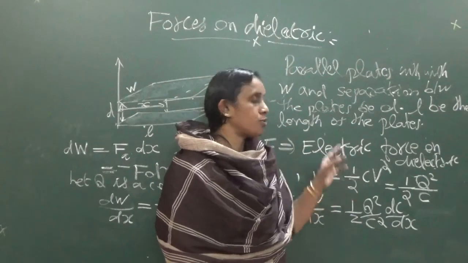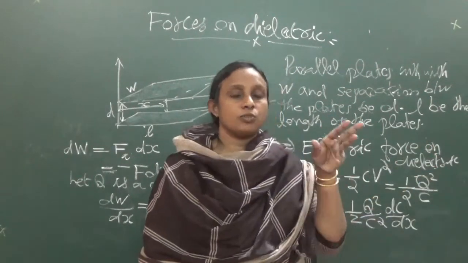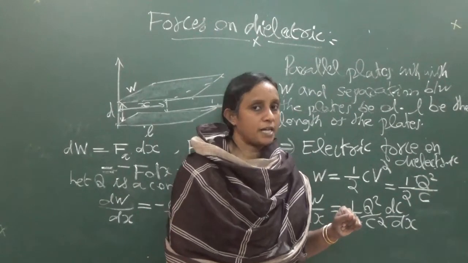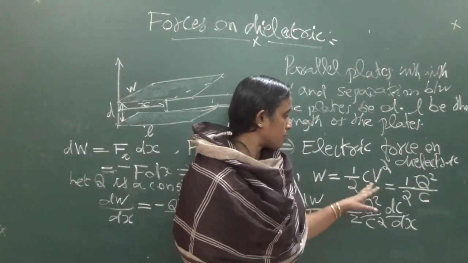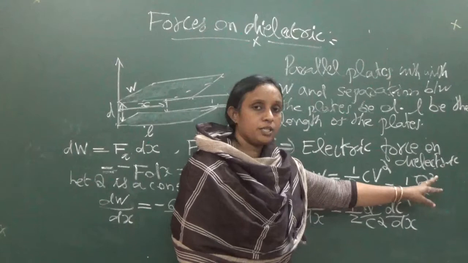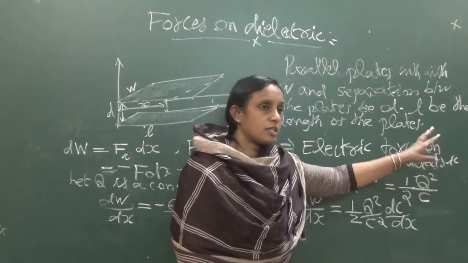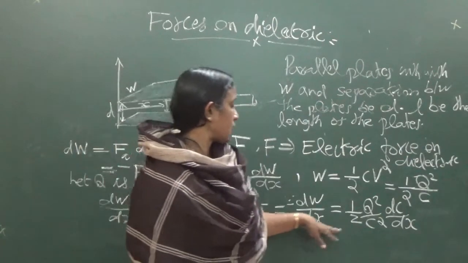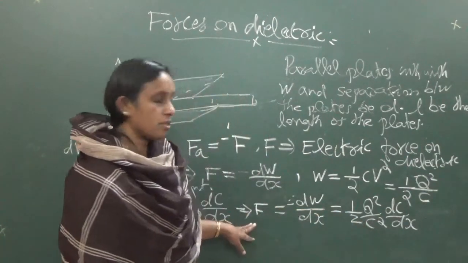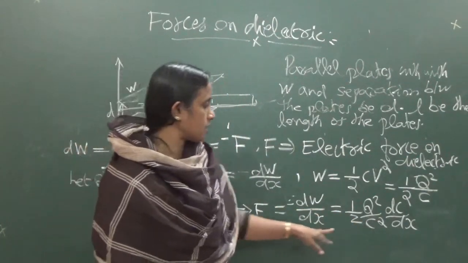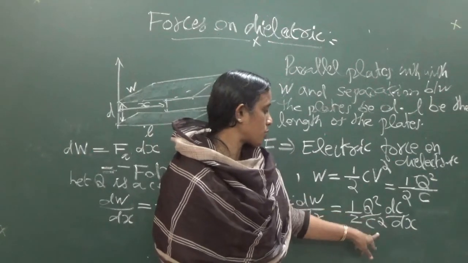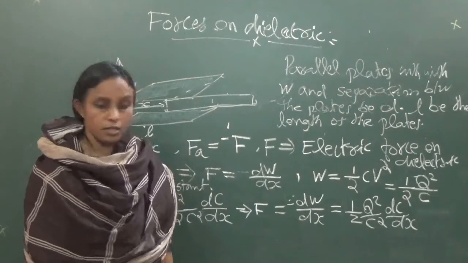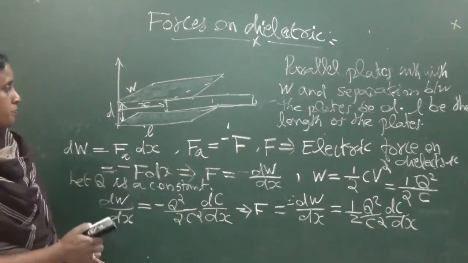So we would have to add another work done term to compensate for this charging by the battery. Instead of that, we keep Q as constant, and in terms of Q, you can write the electric force on the dielectric as half Q squared by C squared dC by dx.